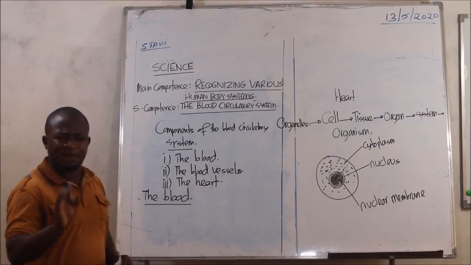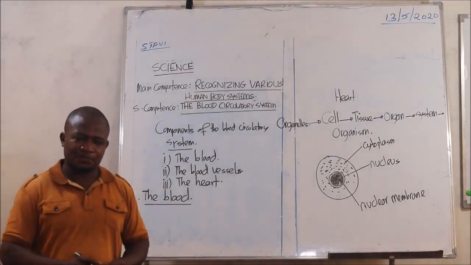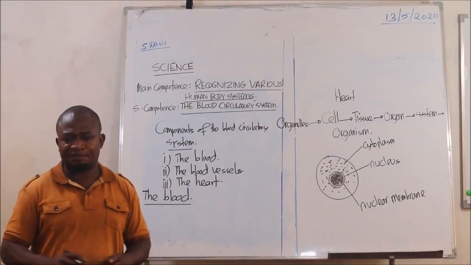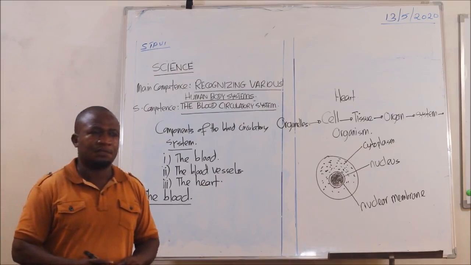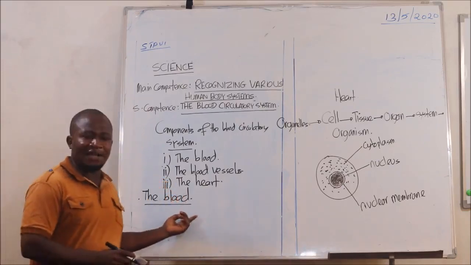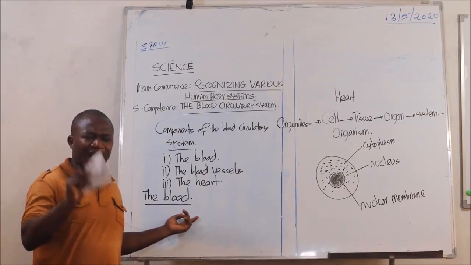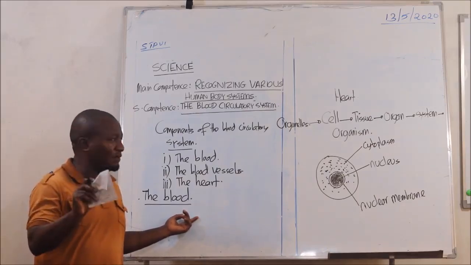Okay, so what is blood? Sometimes when we cut ourselves, blood comes out, and we see the color of blood. So blood is red in color, and we say blood is basically a fluid tissue.